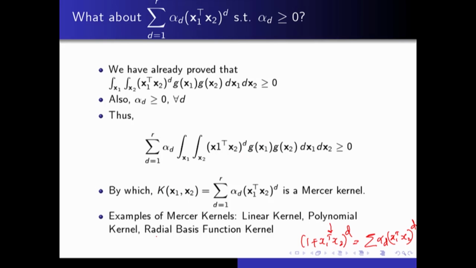The radial basis kernel function is the same but over an infinite number of alpha d's, so that you can show that e raised to minus 1 by 2 sigma square norm of xi minus xj square is also some kind of a positive linear combination, but with an infinite number of alpha d's. This possibly has also some other factors.